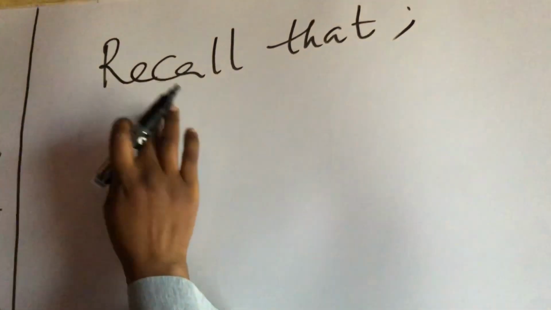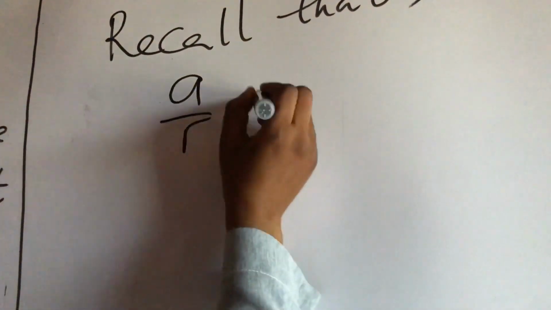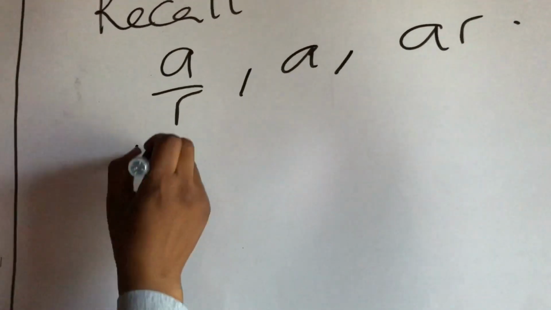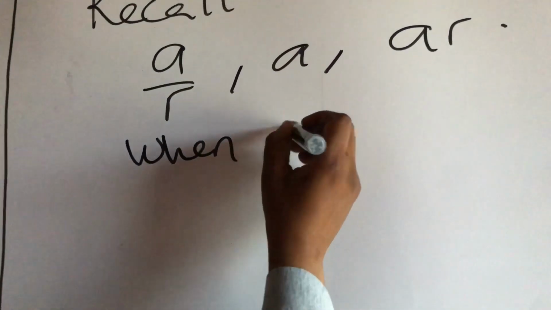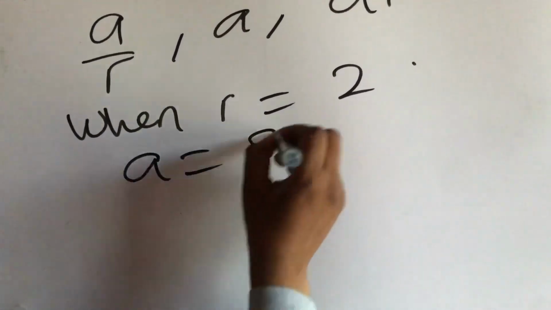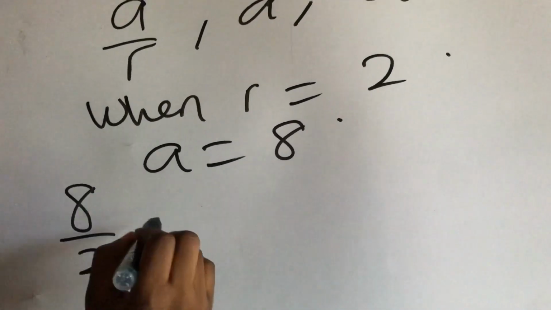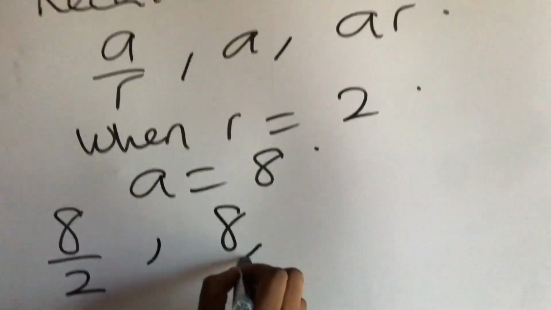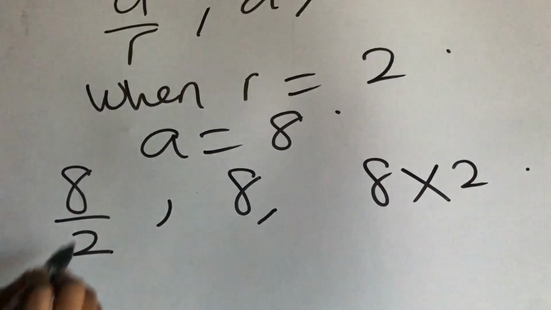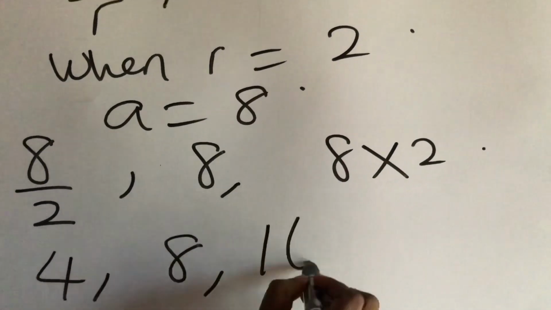Recall that the numbers that we used were a over r, comma a, comma ar. So when r is equal to 2, a is equal to 8. So it will be 8 over 2, comma 8, comma 8 multiplied by 2. So those numbers will be 4, comma 8, comma 16.